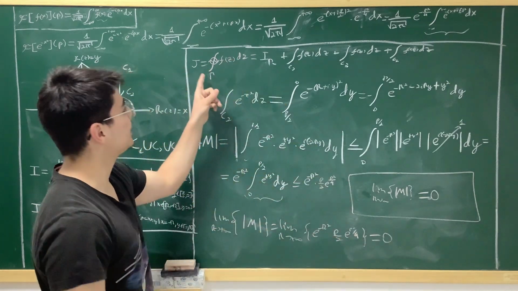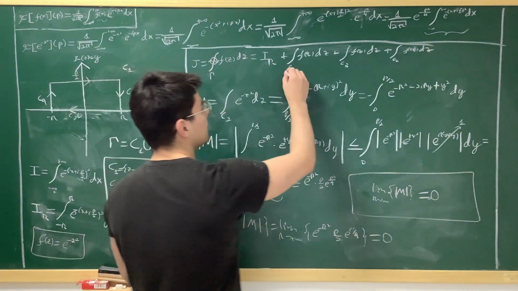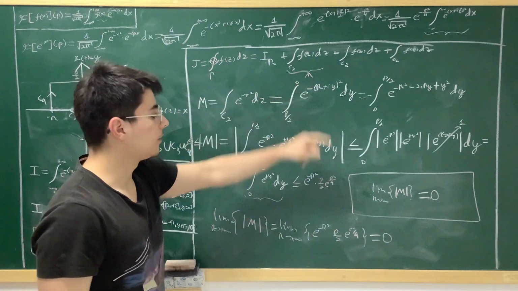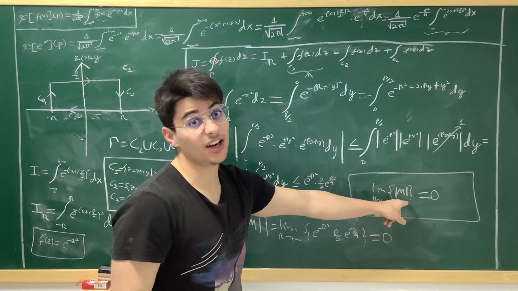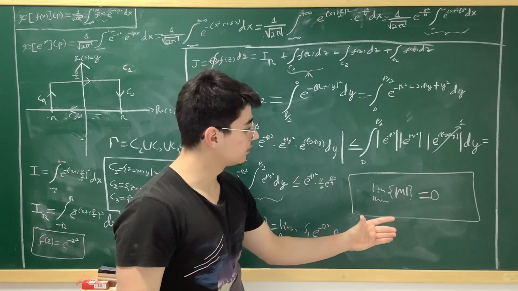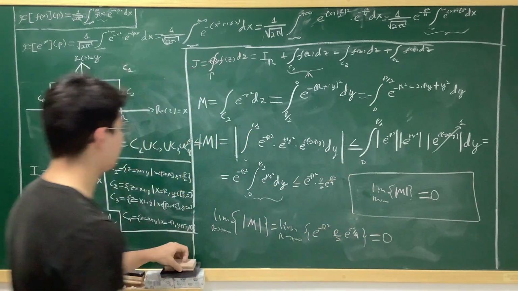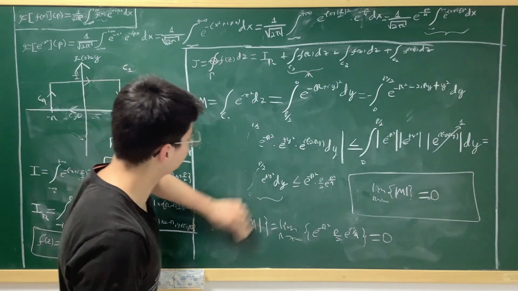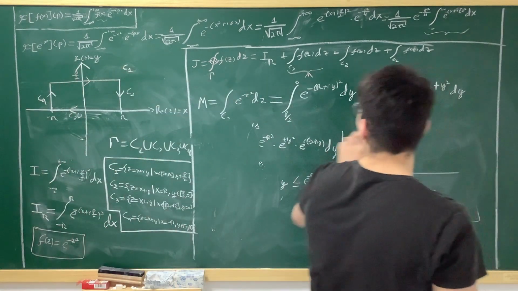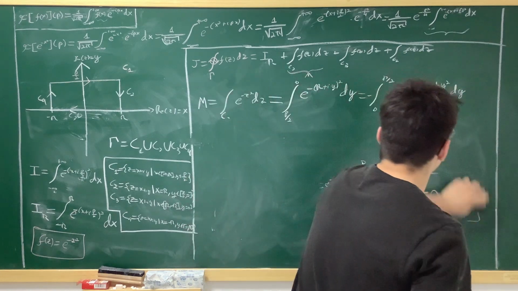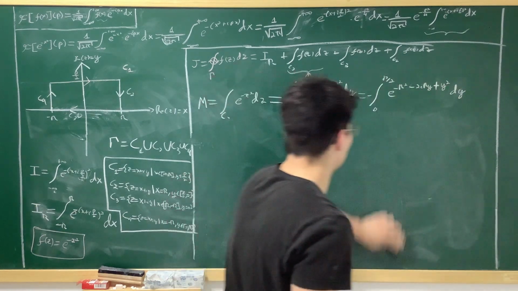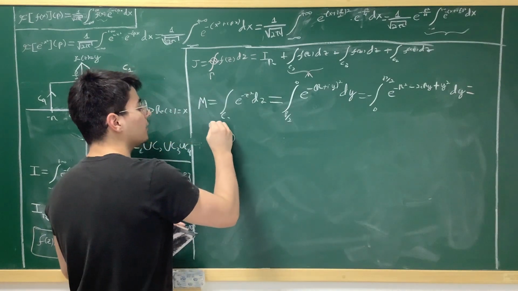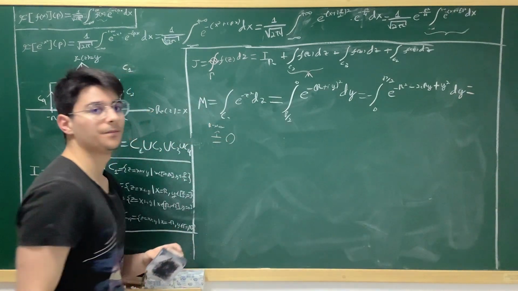If we take the limit here when r goes to positive infinity, this m will go to 0, because the only number that has modulus 0 is 0 itself. So from this reasoning, we see that this is 0 when r goes to positive infinity.